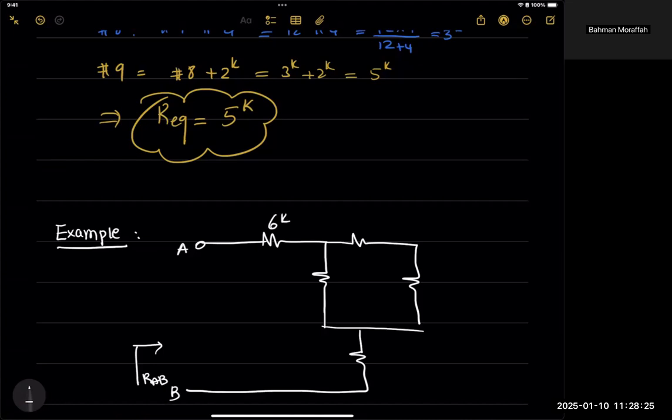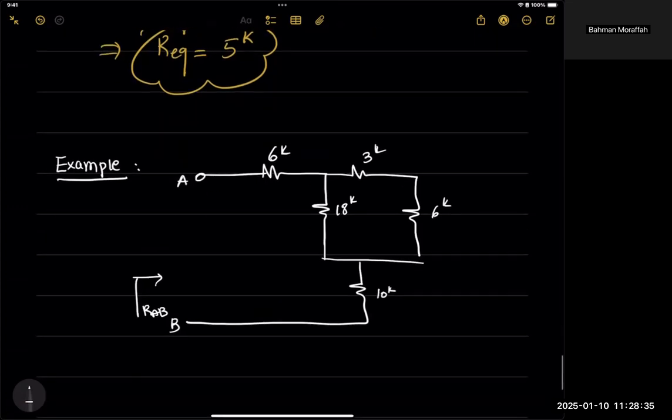Let's just say this is 6K, this is 3K, this is 18K, this is 6K, and this is 10K. Looking at this circuit, the very first thing that's quite obvious is these two things in series. So that would be a 9K because they're in series, so we add up the values. So the circuit would look like this.